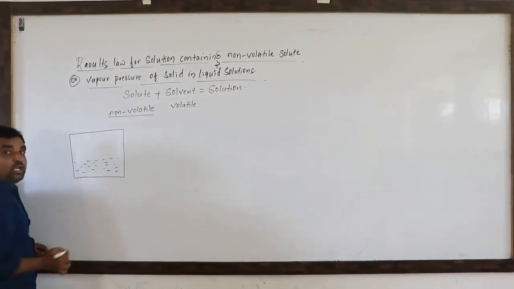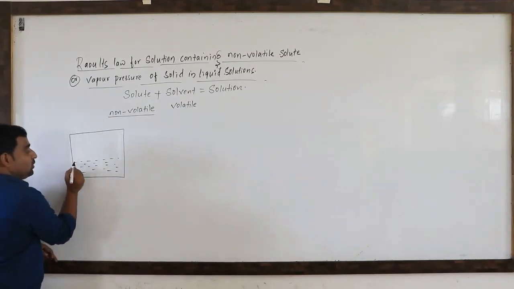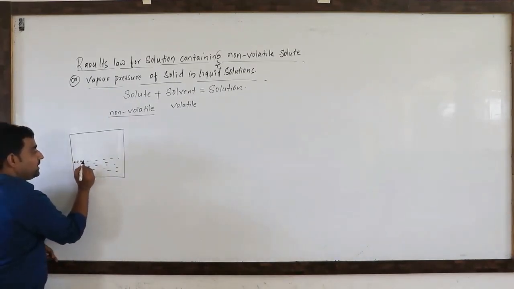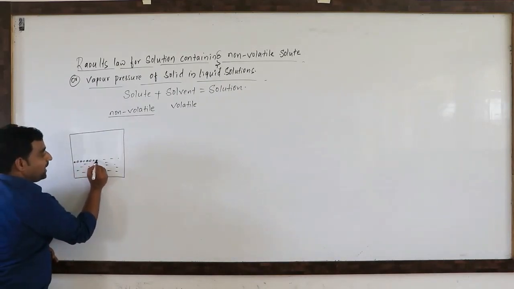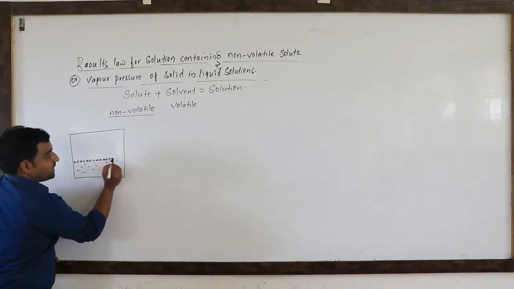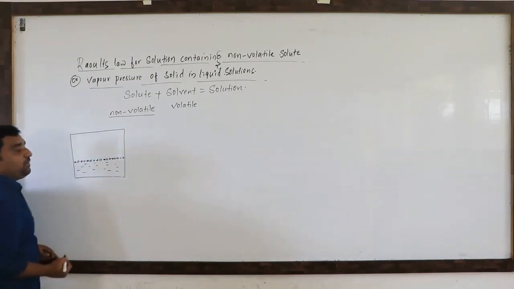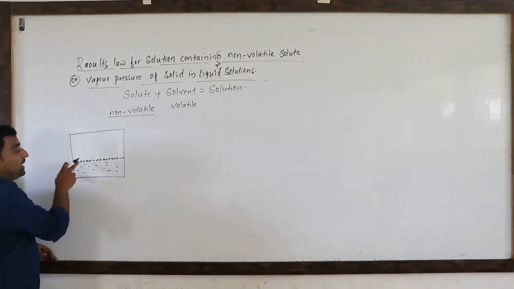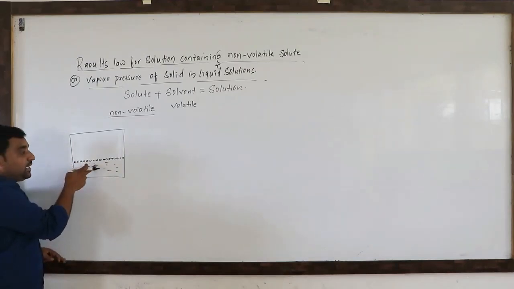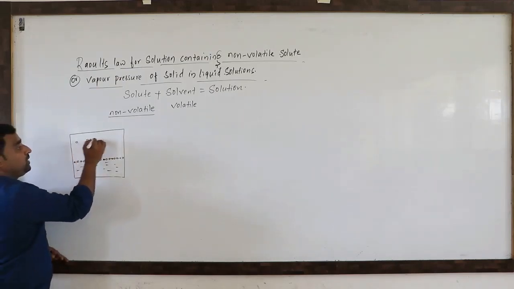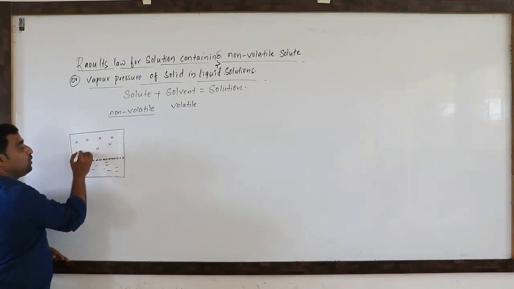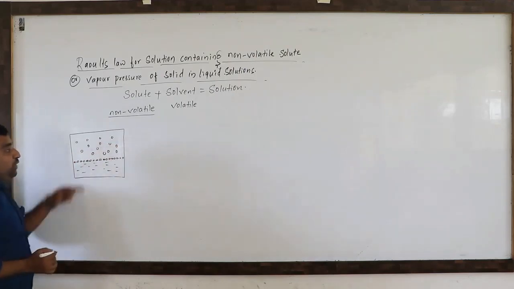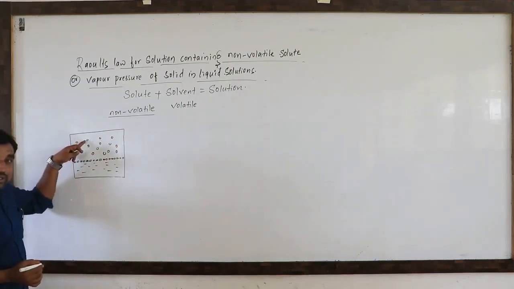When this solution is allowed to evaporate, the molecules present at the surface have a tendency to escape from the liquid surface to the vapor. These molecules will form the vapor, which is collected over the solution. As the evaporation increases, the vapor molecules over the solution also increase.